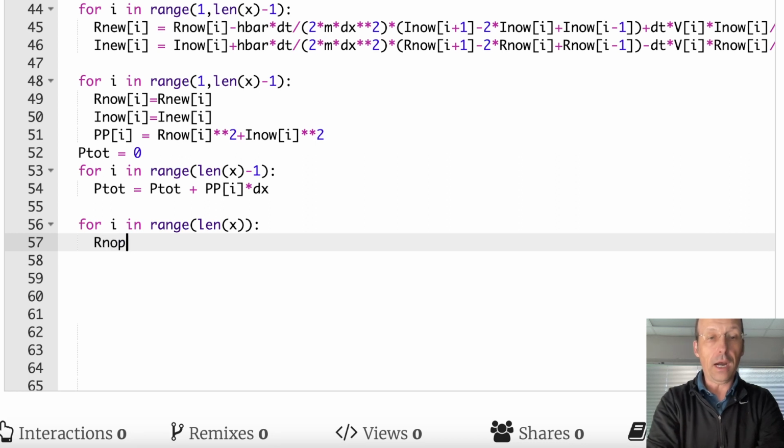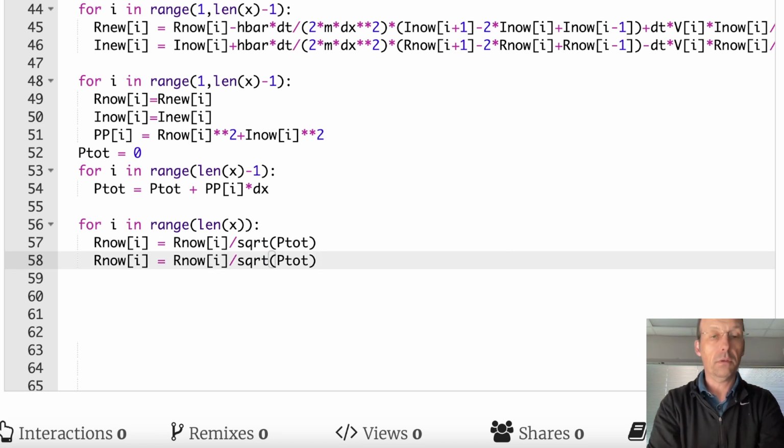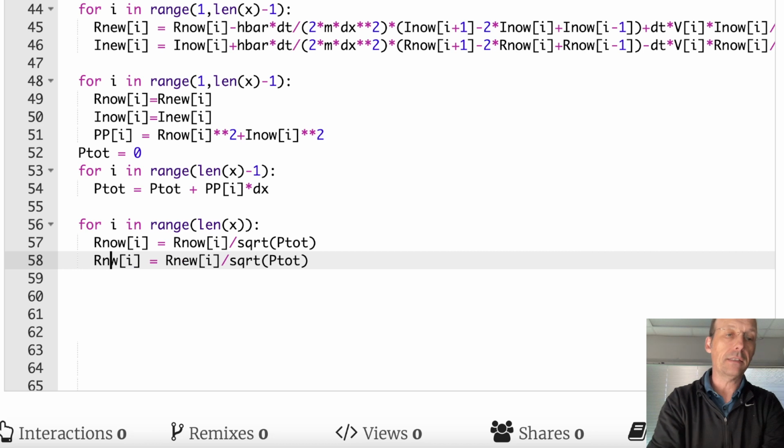R now I equals R now I divided by the square root of P total. And then I need to do that for the new. Just change that E. And then I need to do that for the I's.